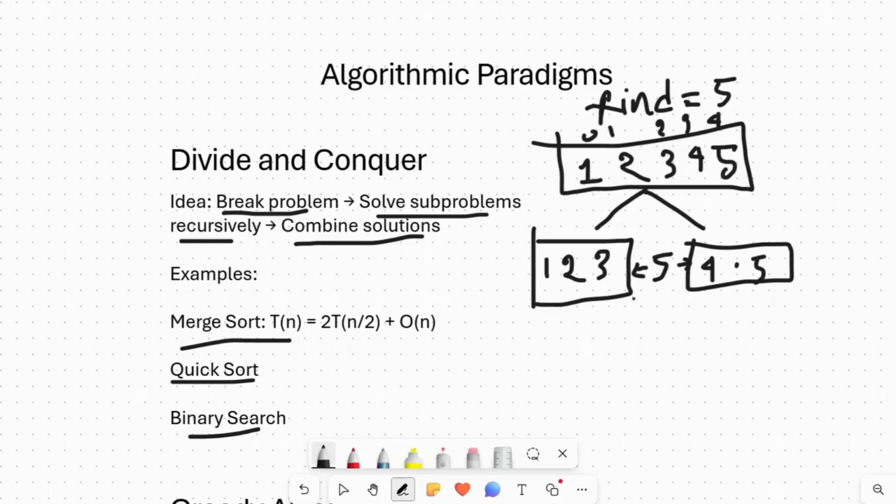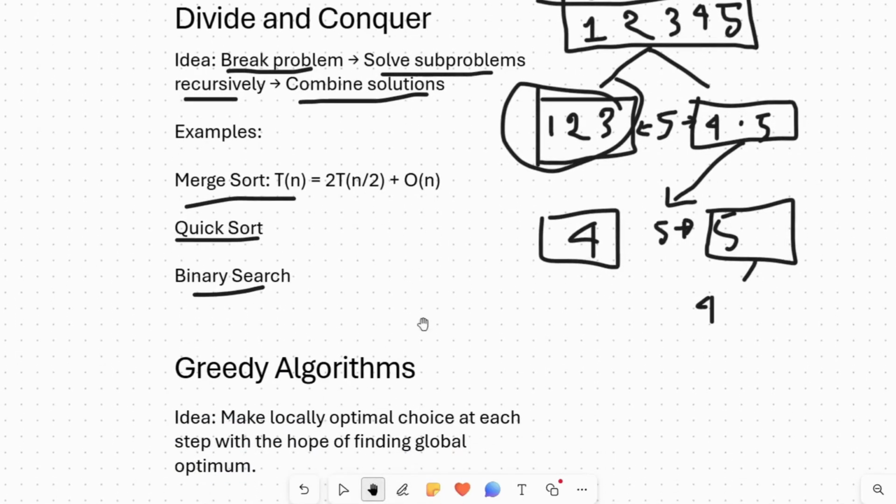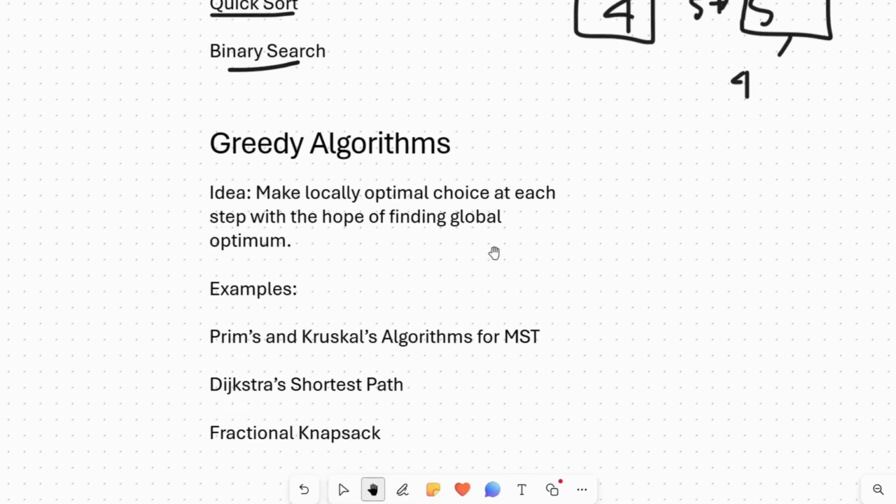All values here are lesser than 5, so we go here and divide it into two parts, 4 and 5. Then we find 5, and the index number is 4. So binary search works like this. If you want to know more, you can google binary search.